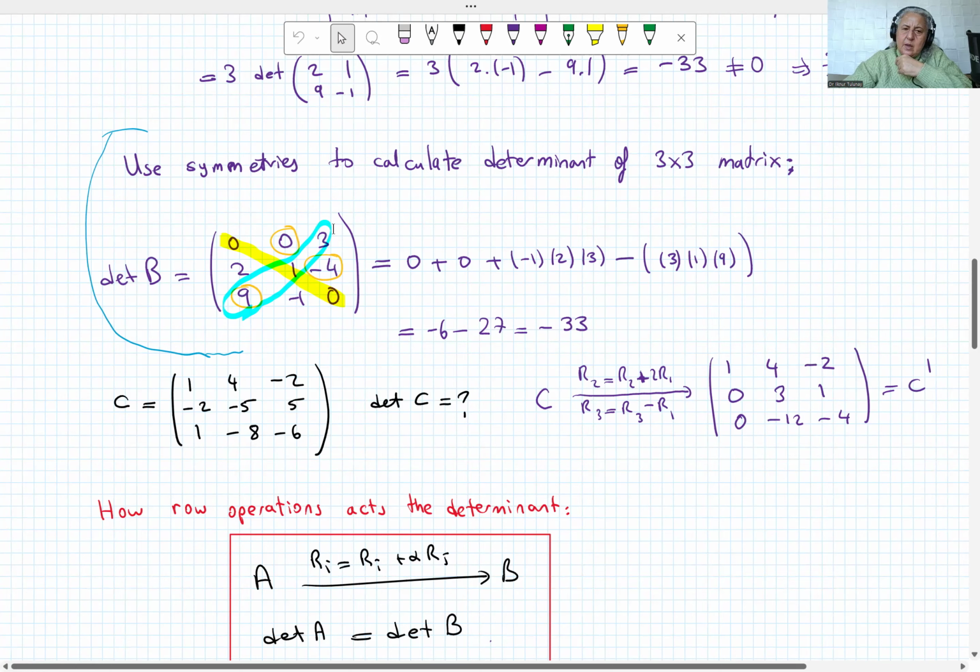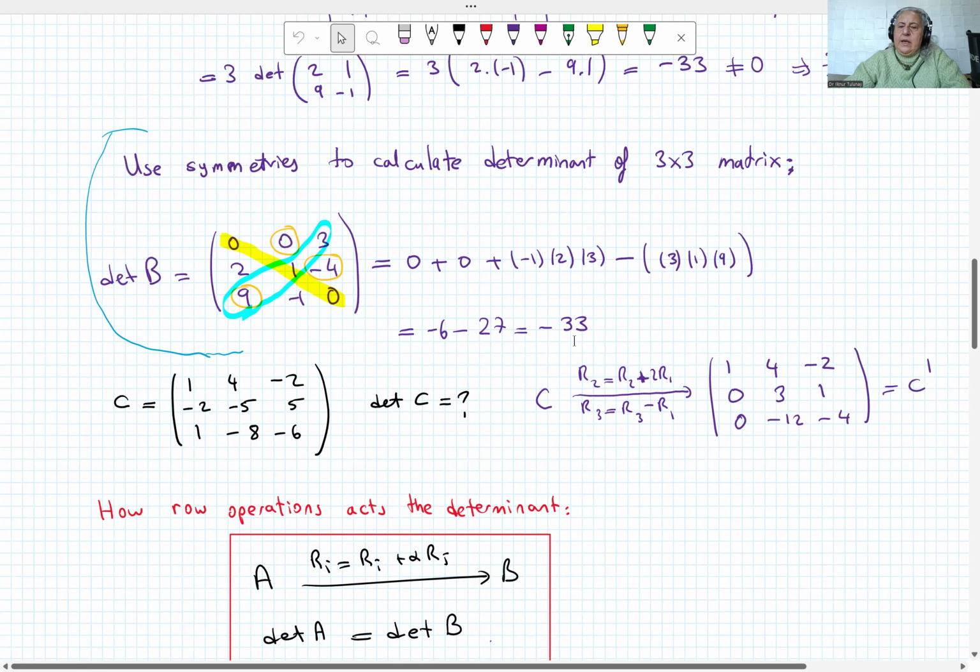And then think about this opposite diagonal one, and this one times this one and this one is like a T symmetry with respect to this blue one, gives you 0 as well. So this number will be minus 6 minus 27. That will give you minus 33. That's exactly the same.